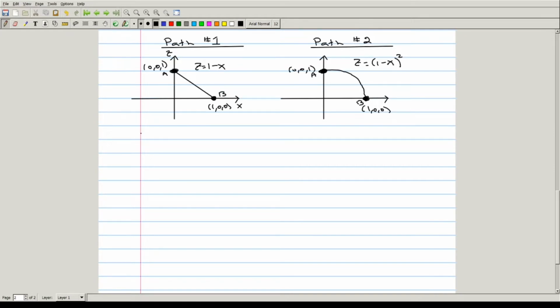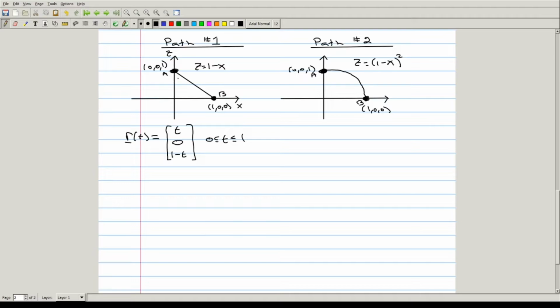So for path 1, we'll first start by parameterizing the curve, which you always want to do. In this case, our curve, z equals 1 minus x, is the same thing as, we'll choose x equals t for our parameter, y equals 0, and then z is going to be 1 minus t. And this is valid for t from 0 to 1.